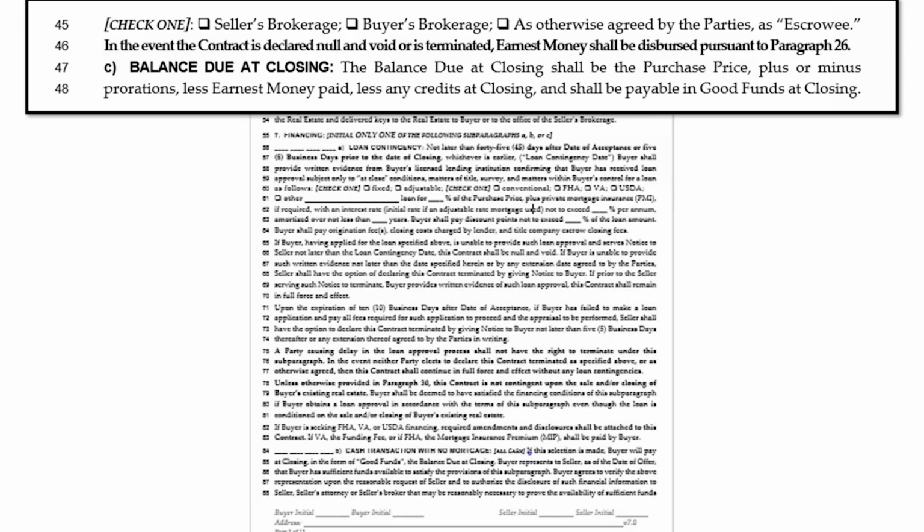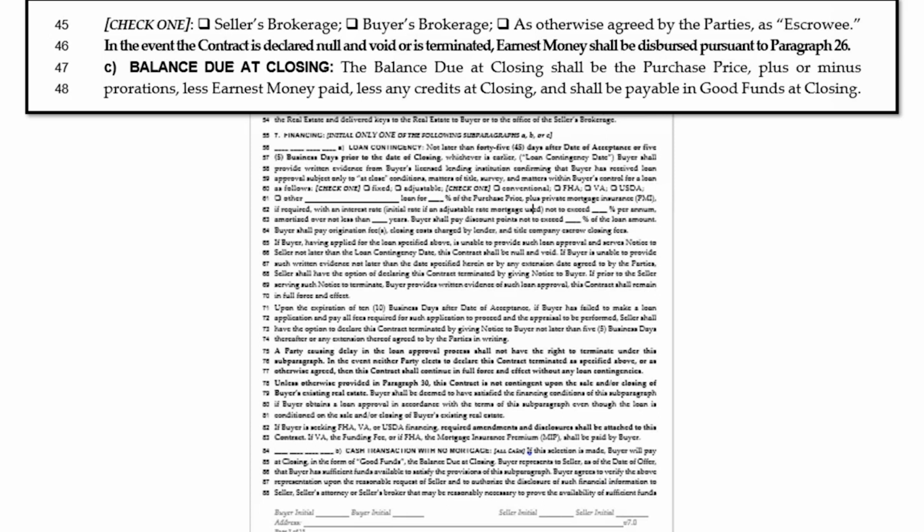It is a mandatory field in MRED, our MLS, that the listing agent needs to put in there that the earnest money will be held, whether or not they hold earnest money. So you're in the MLS, you're selling my listing, and I do hold earnest money, then you're just going to check seller's brokerage. Your buyer will be making his earnest money check out to the listing office then, and that's where it gets delivered. That's where it needs to be tendered.